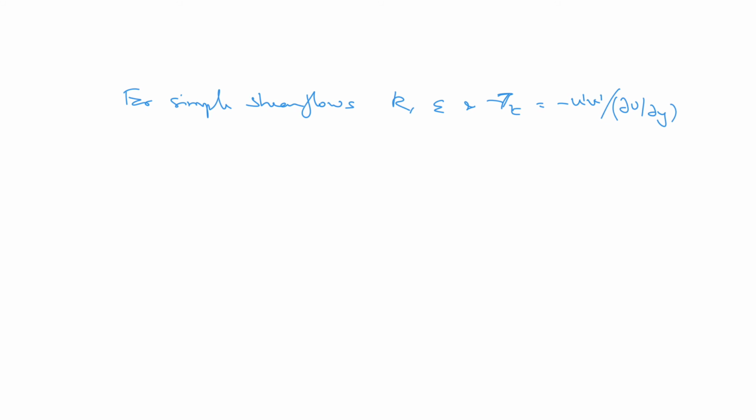Now what we can do is, we have this term for epsilon, but we didn't find any term for t dash. So for t dash, we will use gradient diffusion hypothesis.